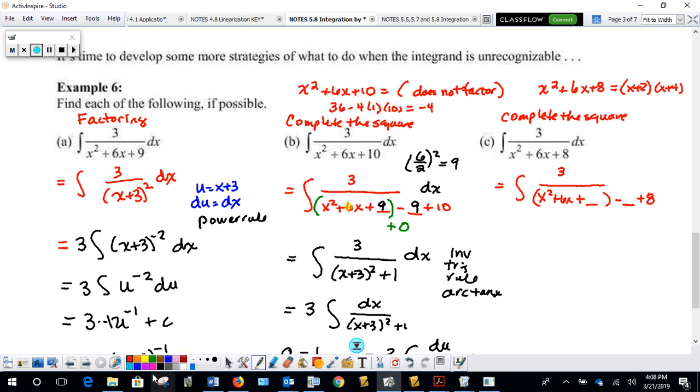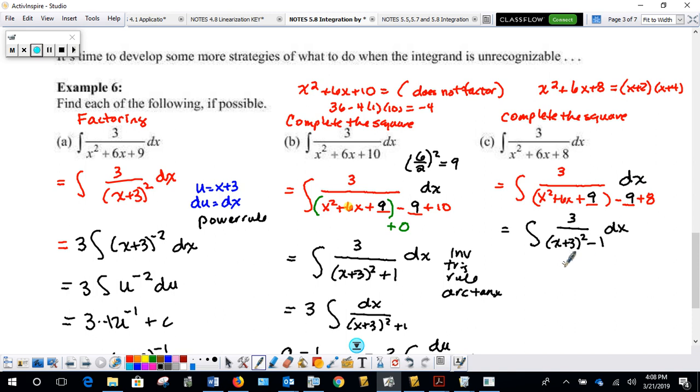All right, we want to complete the square. So I take half and square it: 9 and 9. And then we take a look at this and rewrite it. We're going to have the antiderivative of 3 over (x plus 3) squared minus 1 dx. And we don't forget our dx.